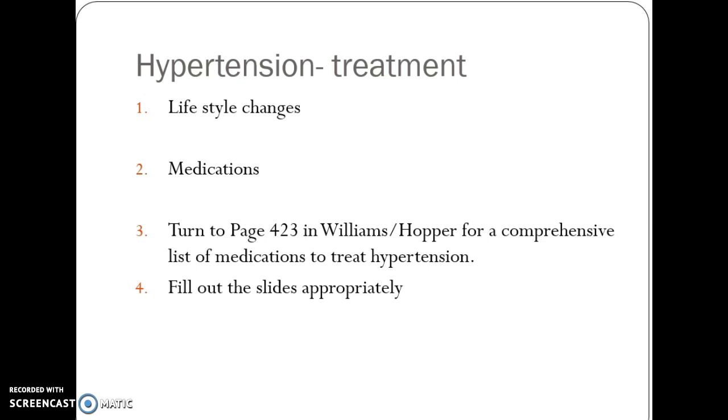ARBs are medications that relax the blood vessels again. They work a little bit different, work on a different system. And also they help a lot with people who have chronic kidney disease.